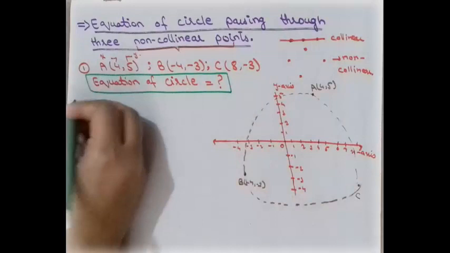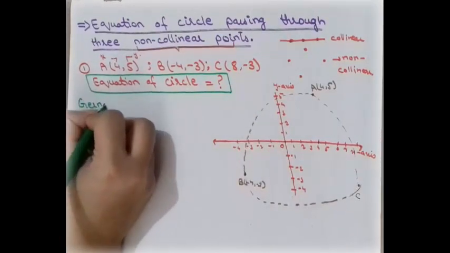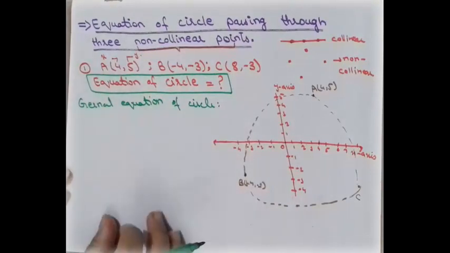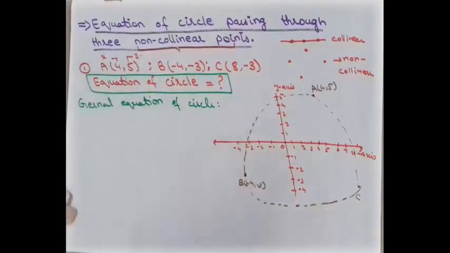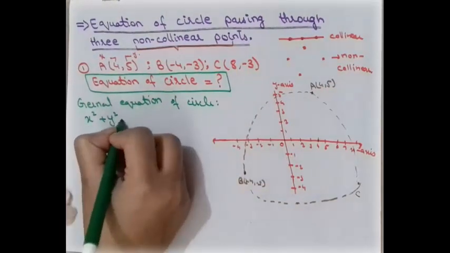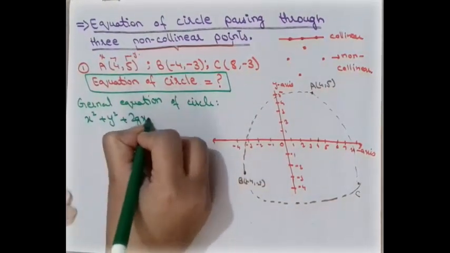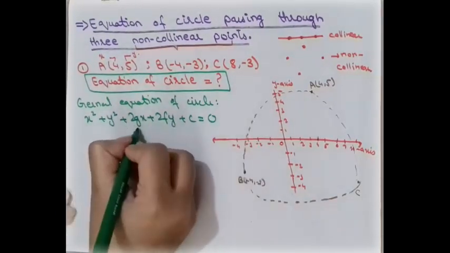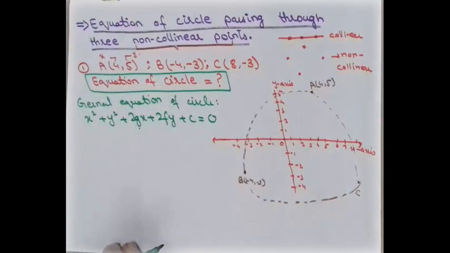For this, we write the general equation of a circle. We use the general equation of a circle that we already discussed in a previous lecture, the standard equation and the general equation, which is x squared plus y squared plus 2gx plus 2fy plus c equals 0, where g, f and c are constants.